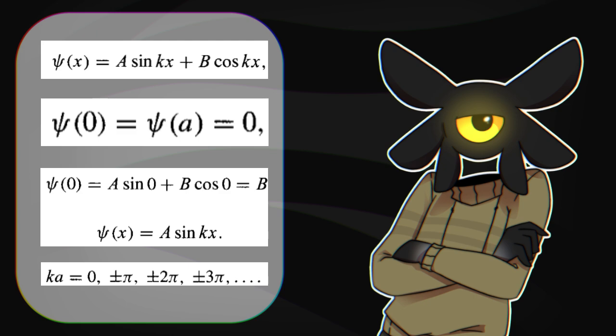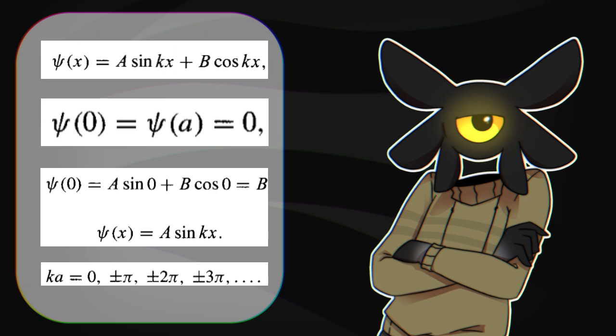We need to solve for these constants by finding the boundary conditions of our wave function. We have to do so by first setting x equal to 0. Doing so shows that B is equal to 0, giving us just A sine(kx). If A is equal to 0 here, then we get a trivial solution of psi(x) equals 0.